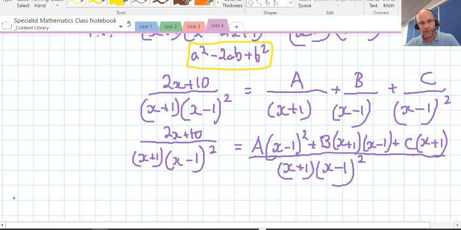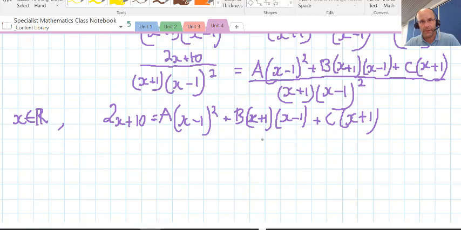Now we can equate the numerators, so it's going to be true for all real numbers. We don't have to worry about dividing by 0. Okay, we got him on the run now. So let's equate these factors here. Now we can eliminate some terms here.